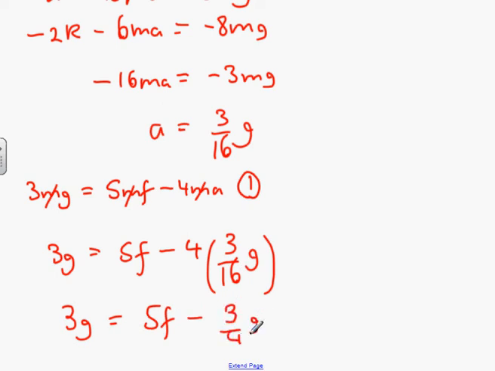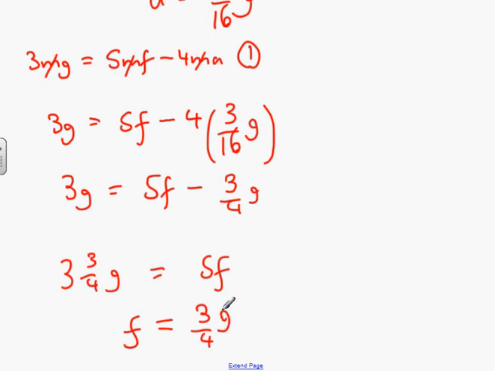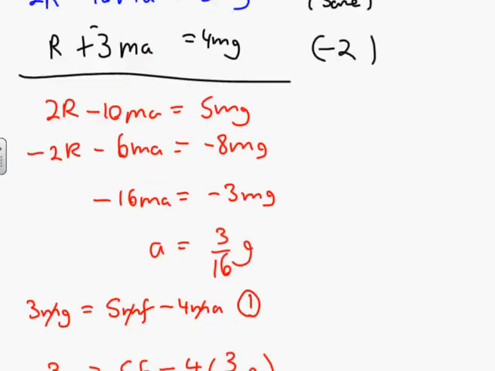Will somebody bring that over to your side? And it's going to be 3 and 3/4 g equals 5f. Will somebody divide 3 and 3/4 by 5 for me? f will equal 3 over 4g, thank you. So that is f and a.